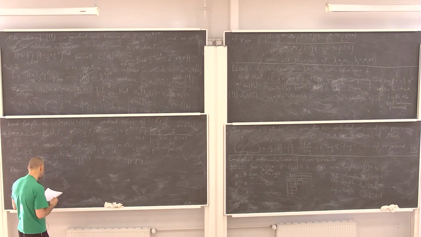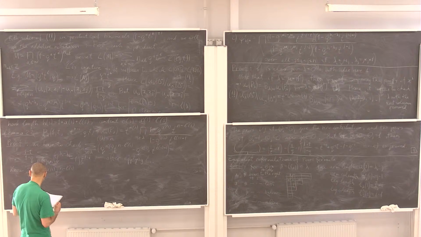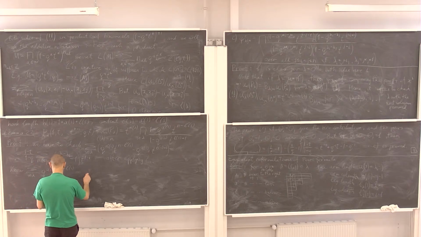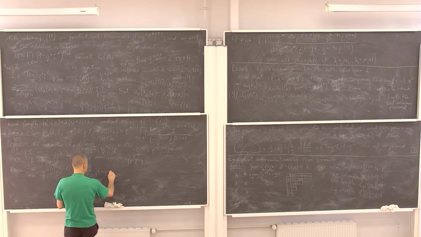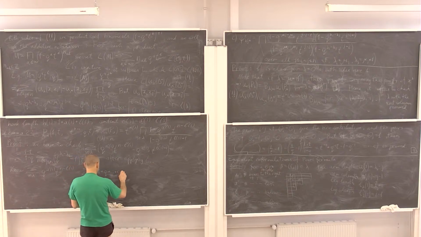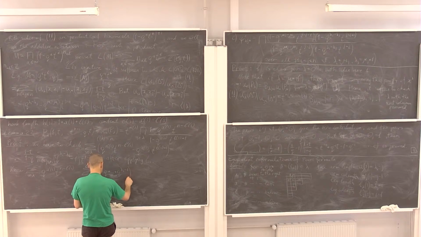So we have this sum, and this is the sum over all i of 1 plus q plus so on plus q to lambda i minus 1 times t to n minus i plus 1.